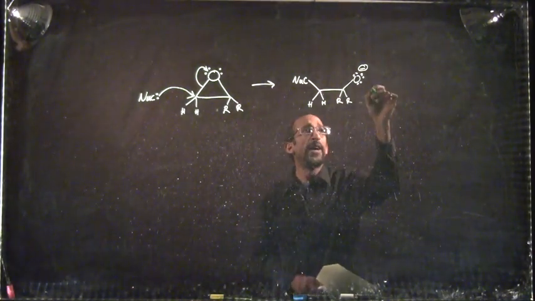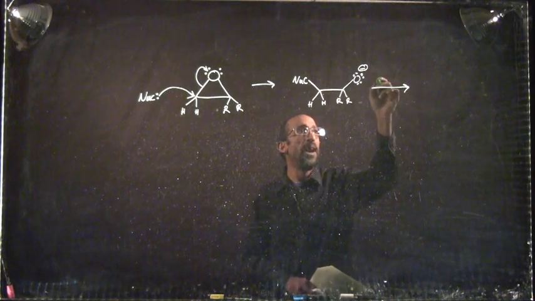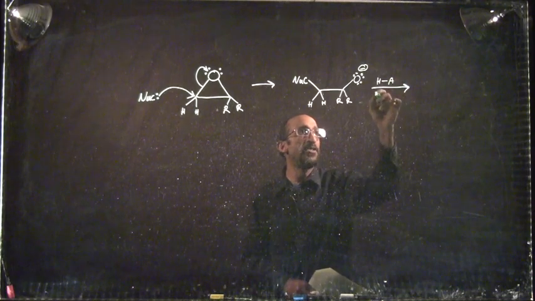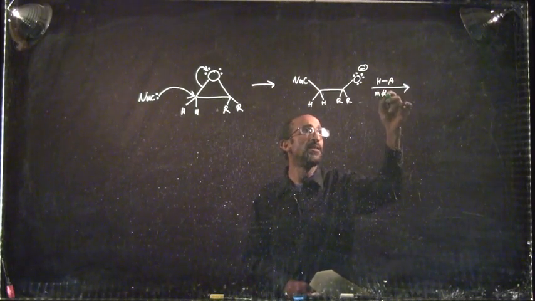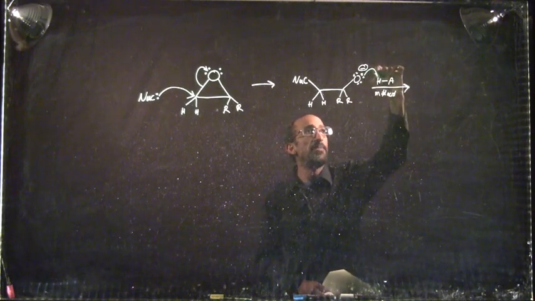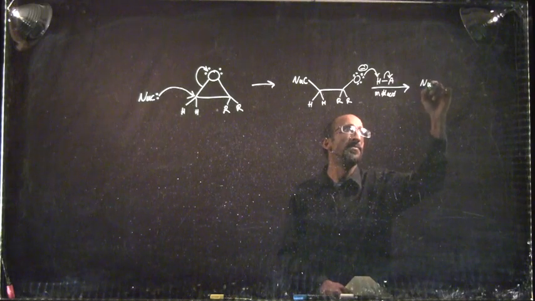And our final step is that we have some sort of mild acid source. I'm just going to call this HA and mention that it is a mild acid, which our strong base can be protonated from to give our final product.